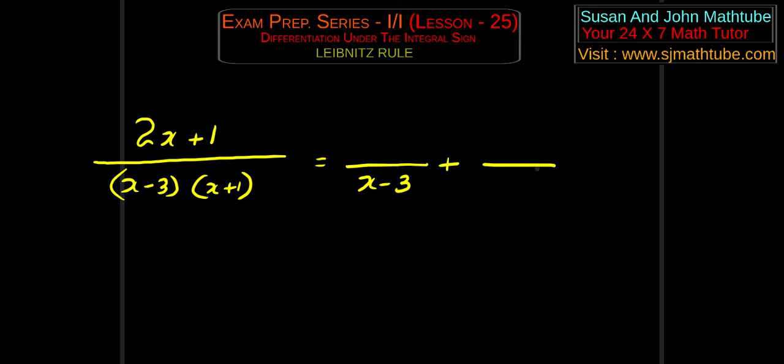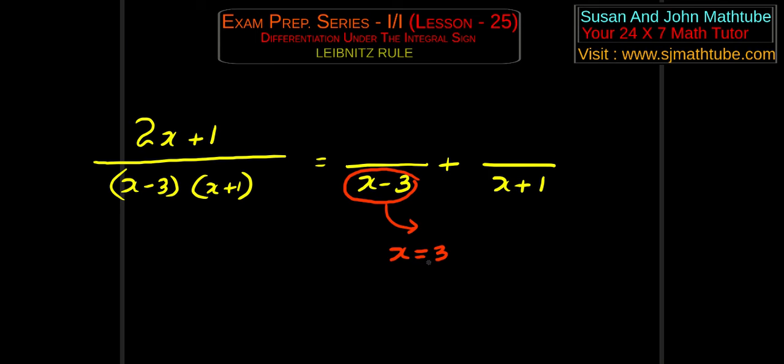And what we do is, we write like this, and then I look at the denominator of the first term, and tell me, when will this vanish? For what value of x will this become 0? Of course, x equal to 3.